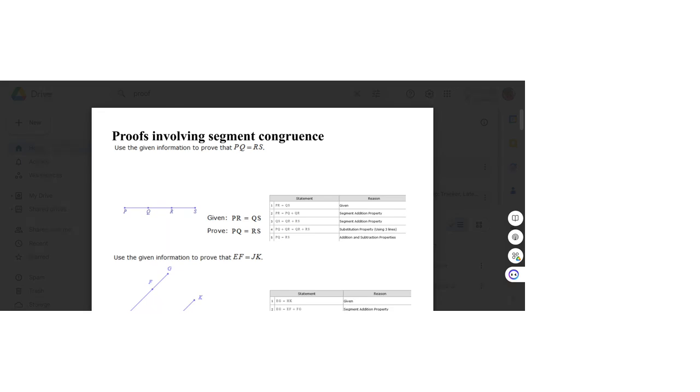And we're given that PR equals QS, and we want to prove that PQ is the same as RS.